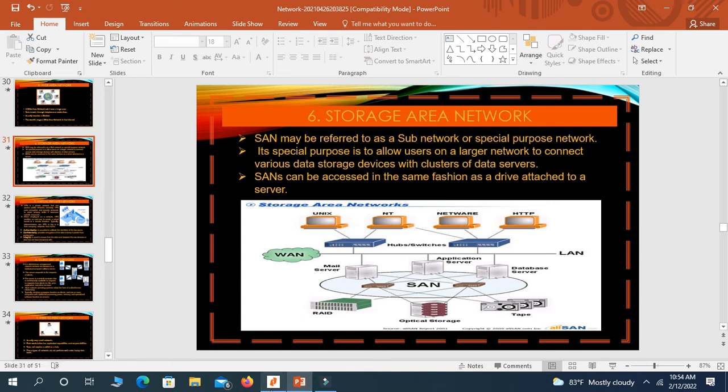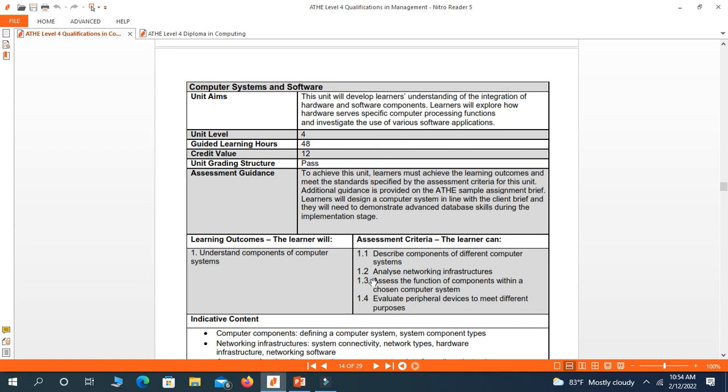As I told you before, these are the learning outcomes that you are supposed to cover in your assignment. You have to describe the different components of different computer systems, then analyze networking infrastructures. We have talked about this one; different infrastructures we have already discussed.